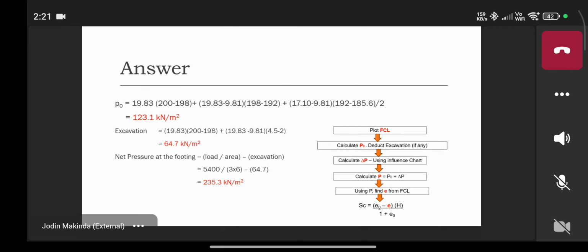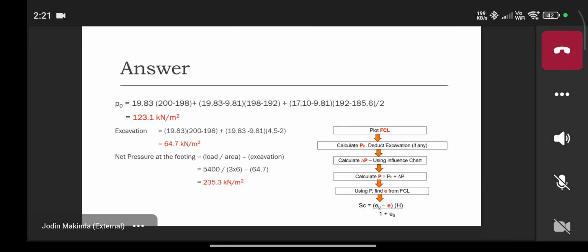Therefore, the weight of the pressure of the excavated soil when you are digging for the structure is 64.7. Meaning that the loading supported by the structure is load divided by area minus the excavation, which is 64.7, giving a total of 235.3 kilonewton per meter square.